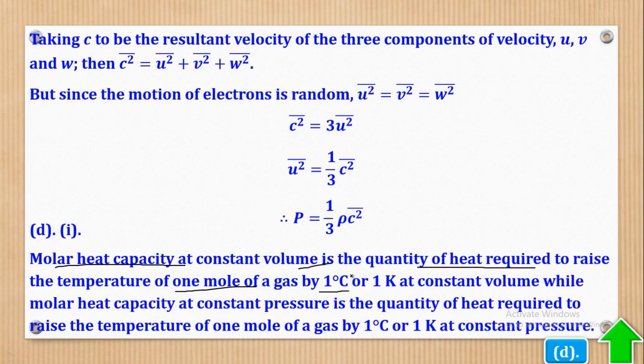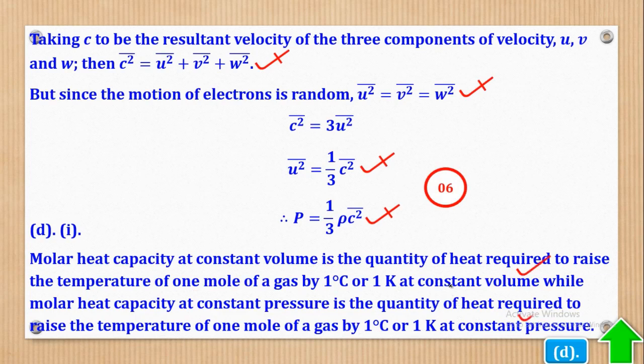So you can either say 1 degree Celsius or you can say 1 Kelvin at constant volume. While molar heat capacity at constant pressure is the quantity of heat required to raise the temperature of 1 mole of a gas by 1 degree Celsius or 1 Kelvin at constant pressure. So that's what they wanted.